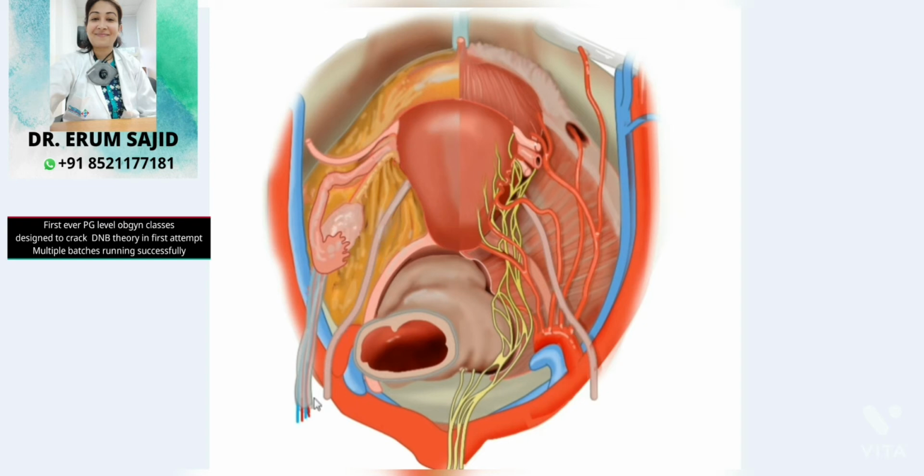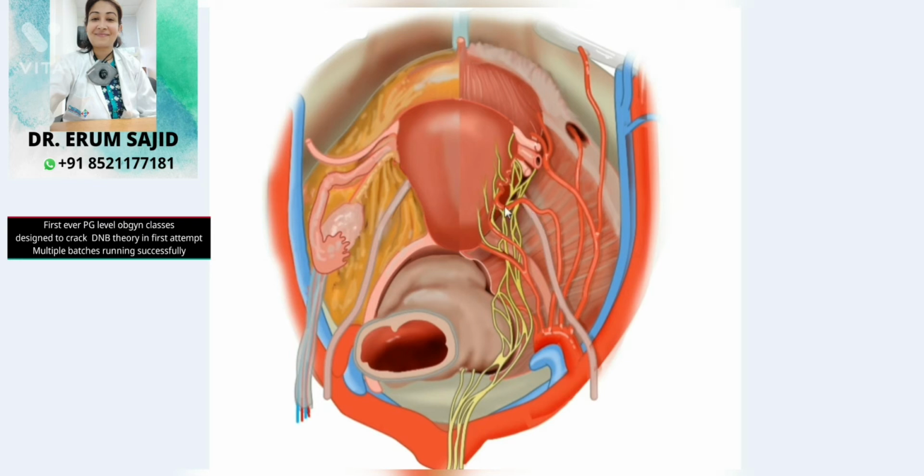I wanted this diagram with the ureter showing correctly because the relationship with the ureter is very important, not just of the internal iliac artery or of the infundibulopelvic ligament, the tube, but also with the uterine artery, which I've already spoken about in my previous lecture. For those who are new, they can subscribe to my channel on YouTube and see my lecture on the relationship of uterine artery and the ureter and its applied significance.